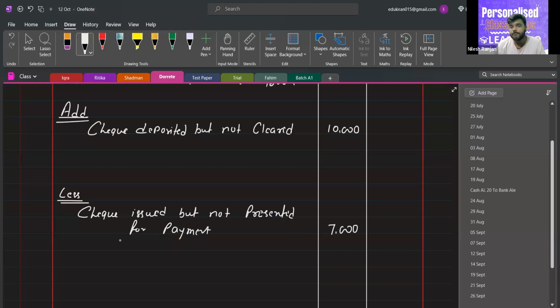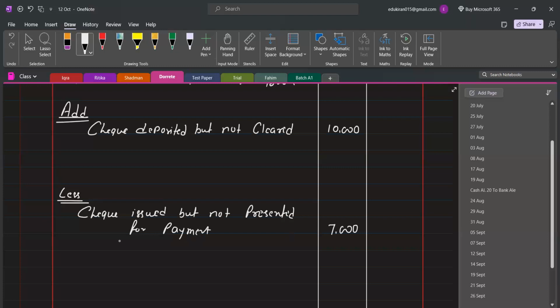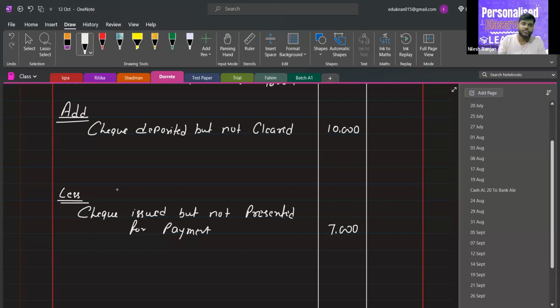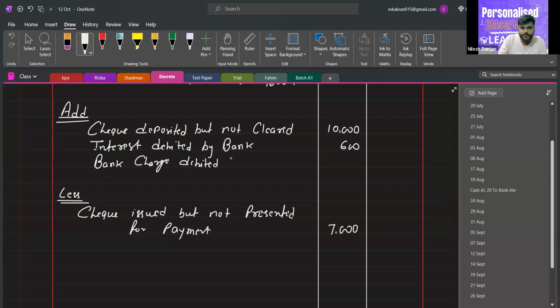Why? Because it is overdraft. Very good. So interest debited by bank 600 and bank charge debited by bank 500.